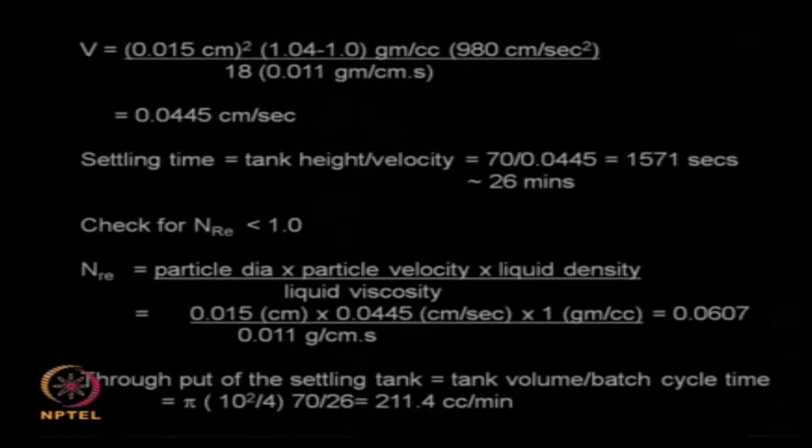If the velocity is very high, it may create turbulence, and then the Stokes law is not valid. So we have the particle size, the particle velocity, the liquid density and the liquid viscosity. We introduce all the terms and find that the Reynolds number is very small, much less than 1. So it is okay for us to use this equation, otherwise it is not correct.